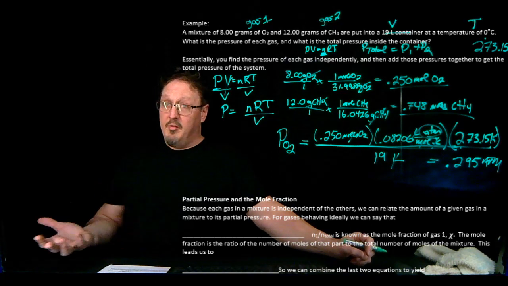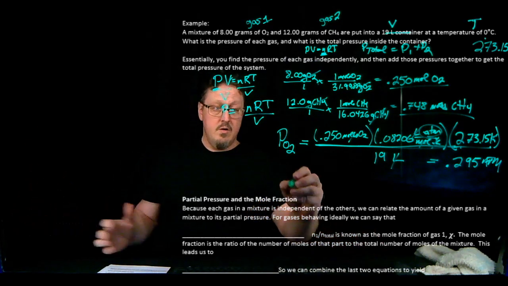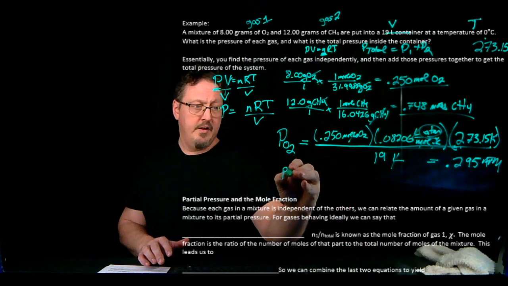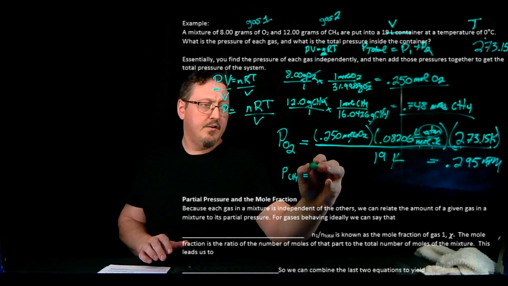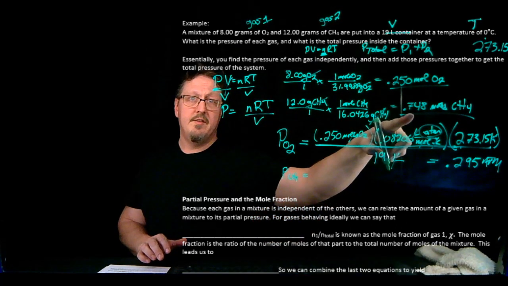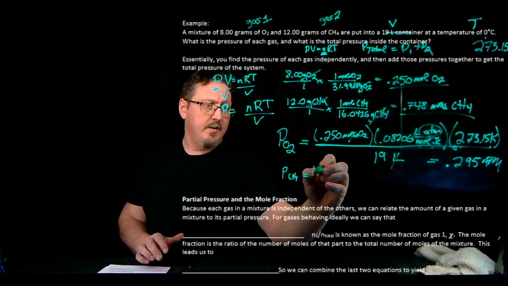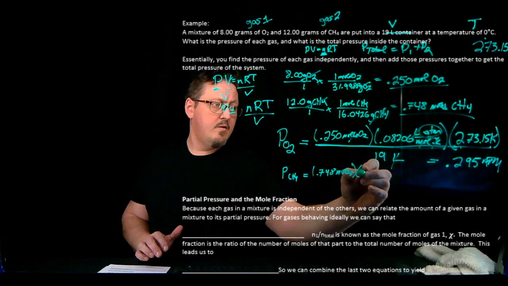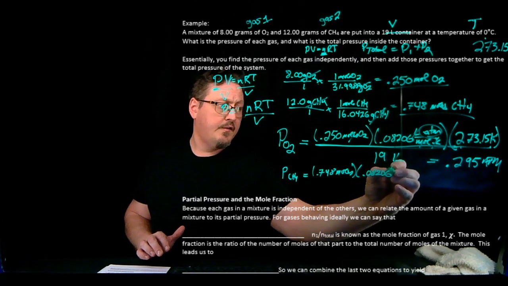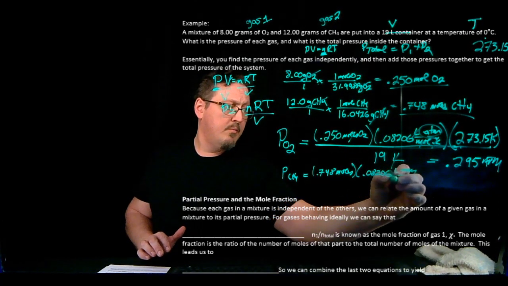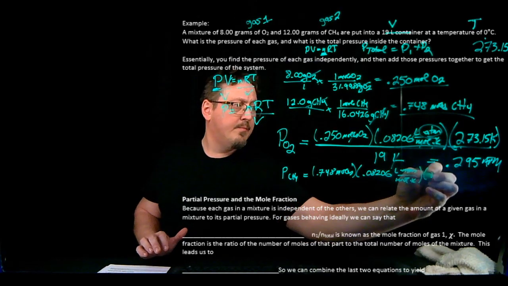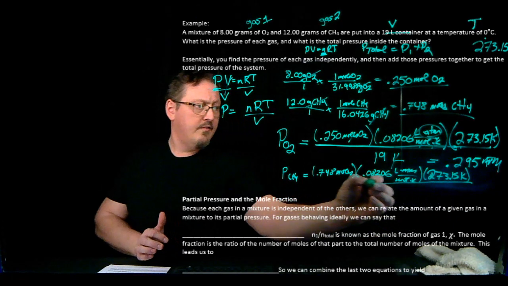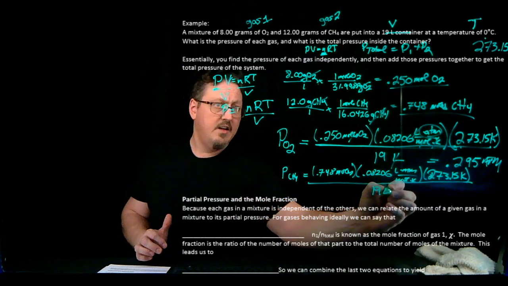Now we're going to do the same thing with our pressure of CH4. I'm going to try and write a little smaller. So PCH4 is going to equal its number of moles, which is 0.748 moles, times 0.08206 liters atmosphere per mole K. Temperature is 273.15 K. We're going to divide all of that by the same 19 liters.